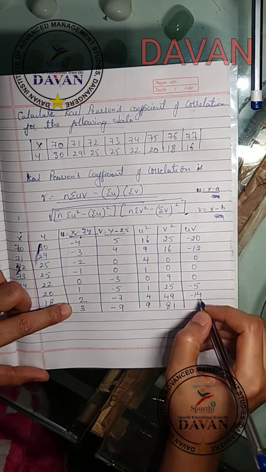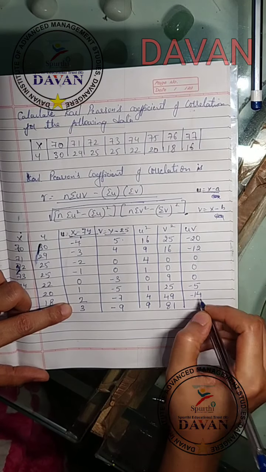For this we don't have any variables named as X, since everything is in terms of U and V. We don't require the summation of x and summation of y. So we require the summation of u, that is minus 4, summation of v, minus 15, summation u square is 44, summation v square is 205, summation uv is minus 78.